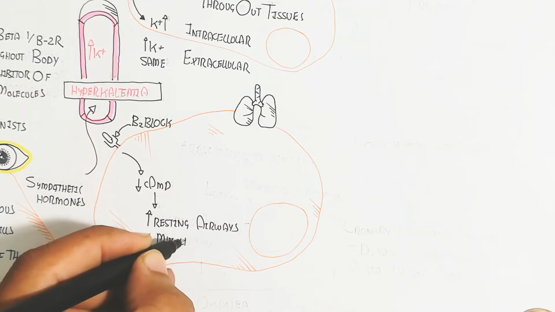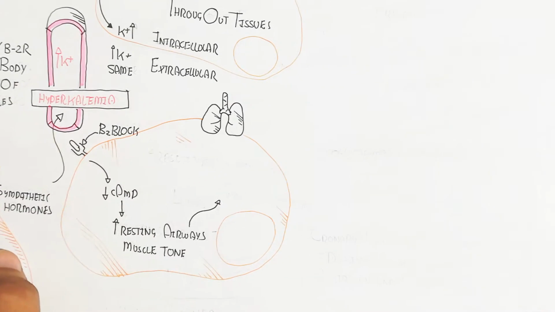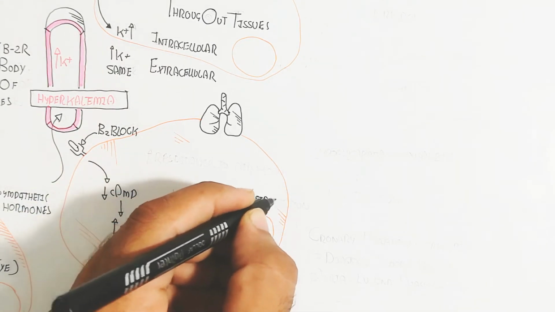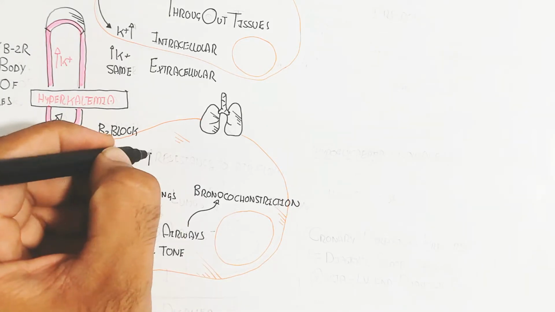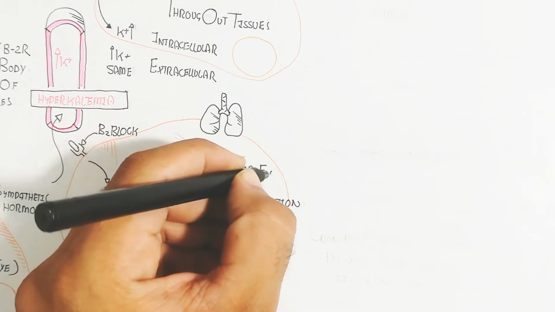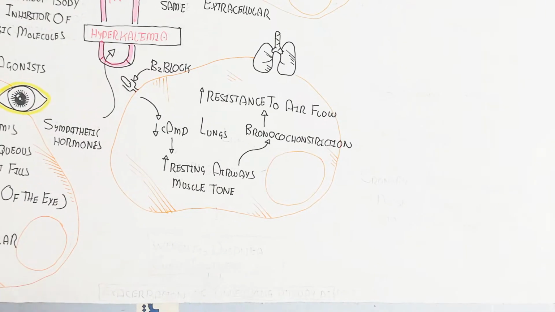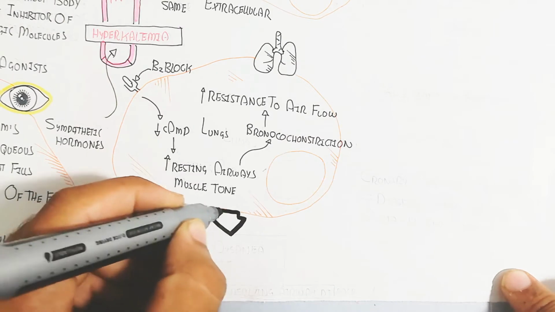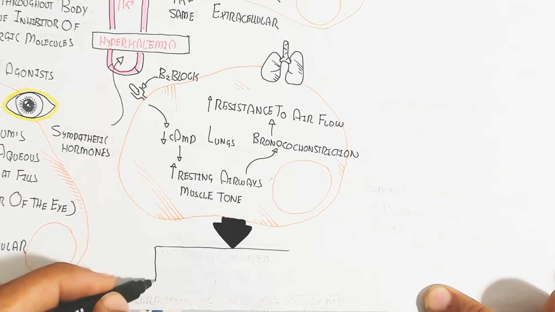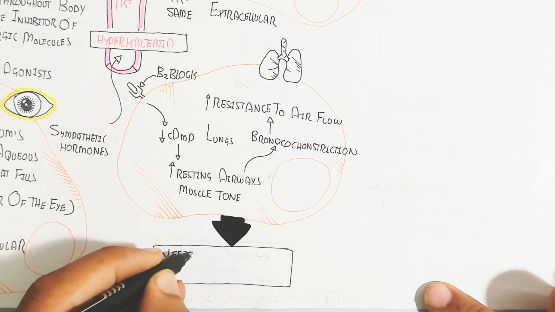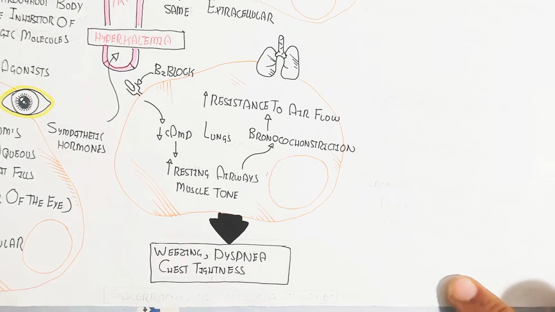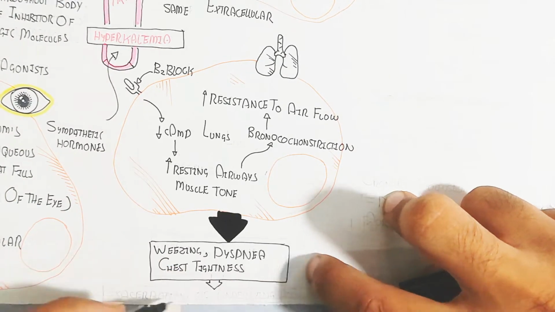Remember, a decrease of the cyclic AMP will increase the resting airway muscle tone, which will trigger bronchoconstriction and increase the resistance to airflow. Remember, increased resistance to airflow will lead to signs and symptoms of wheezing, dyspnea, and chest tightness, and the complication is the exacerbation of underlying airway disease.